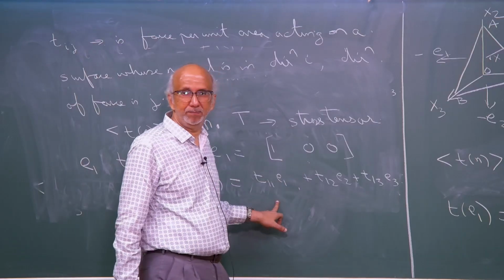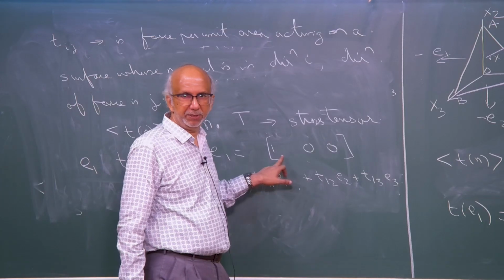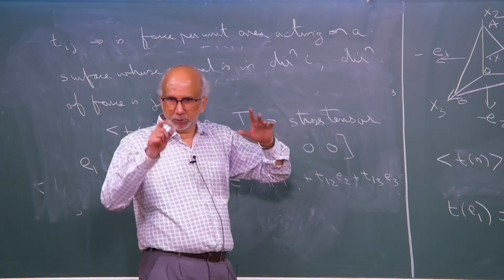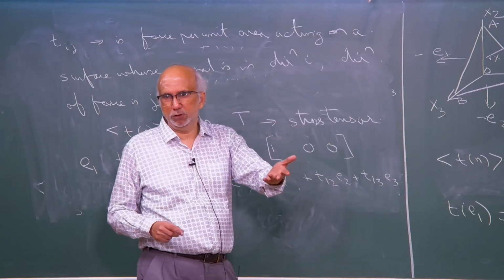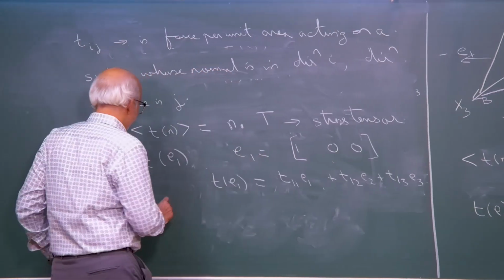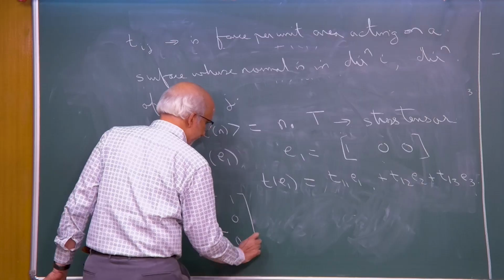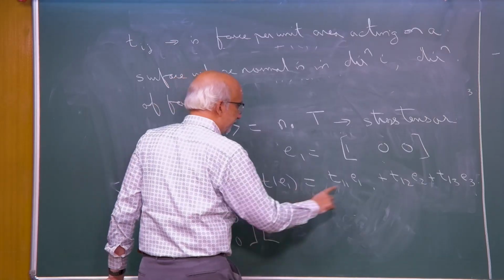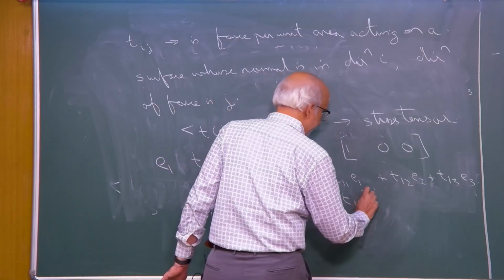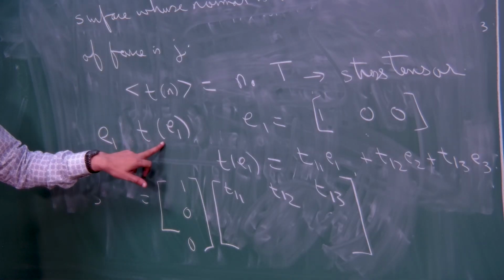I will write this as a 1 by 3 vector, 3 rows 1 column, 1 row 3 columns, and take the product. So, that is what we did when I said you can also look at a dyadic product in the form of a matrix. So, I am going to write this as 3 rows 1 column 1 0 0, and the other 3 columns will be T11, T12, T13. This is E1 T of E1.